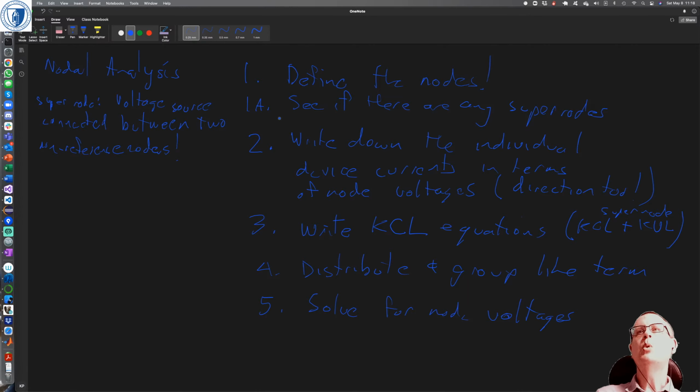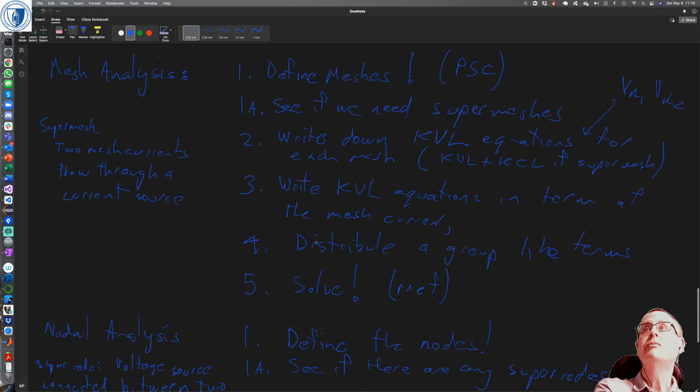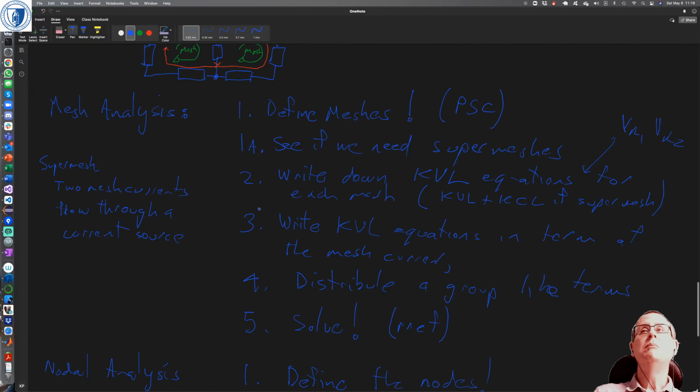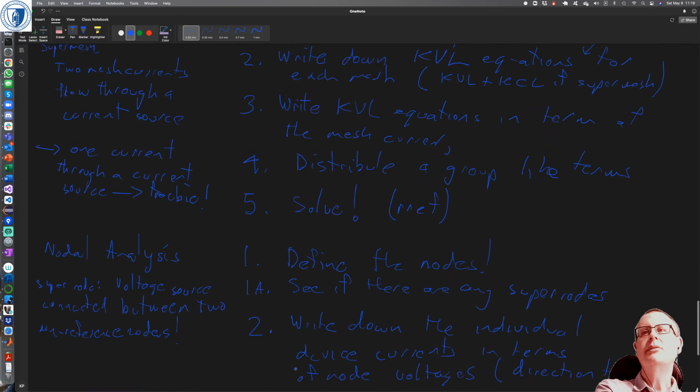And just remember, for mesh analysis, if we've only got one mesh current flowing through a current source, that's a freebie. We immediately know what the mesh current is.